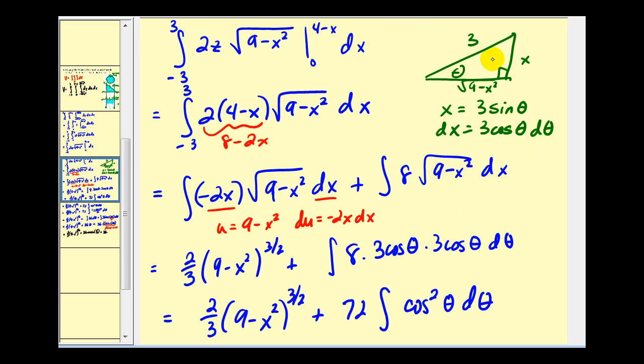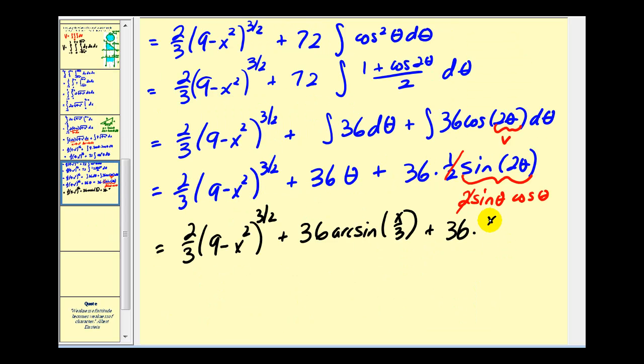Well, sine theta would be x over 3, and cosine theta would be the square root of 9 minus x squared over 3. Let's go ahead and leave it like this and then evaluate this at our upper and lower limits of integration.